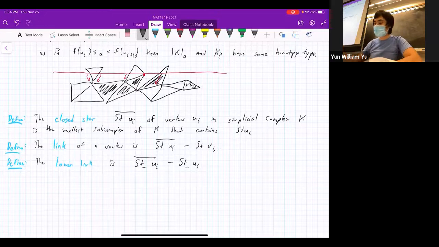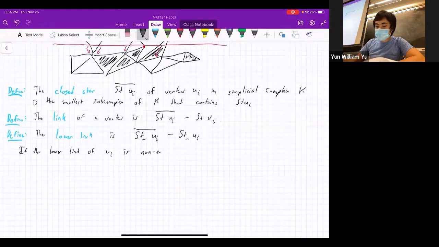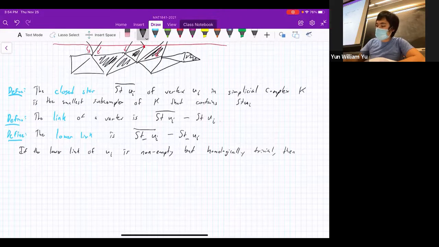So let me write that out a little bit more formally. So if the lower link of u_i is non-empty, but homologically trivial, then we're going to call u_i a PL regular, piecewise linear regular vertex.